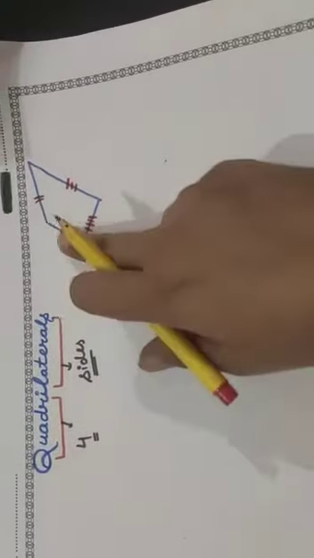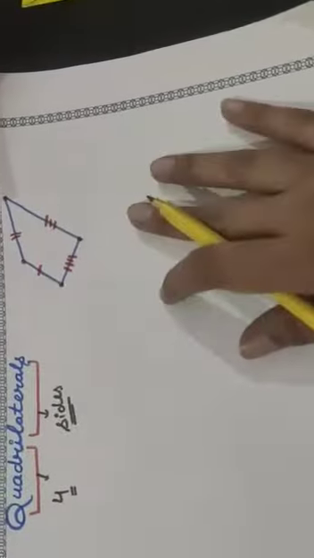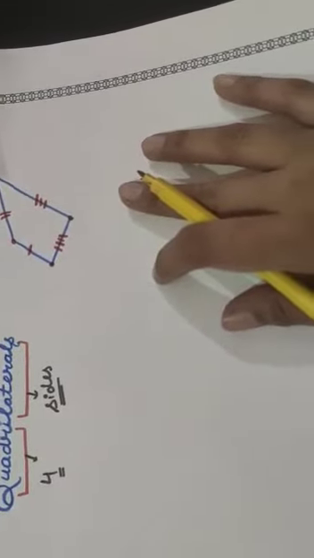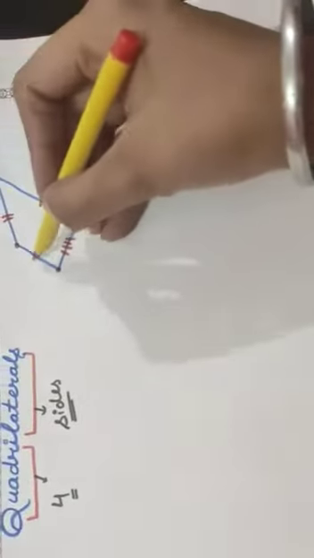To name that quadrilateral, we have to name these points. Now the question arises, what are these points? These points are known as the vertices, and vertices are those points at which two sides meet. जहाँ पर दो sides meet करेंगे, that point is known as the vertices.